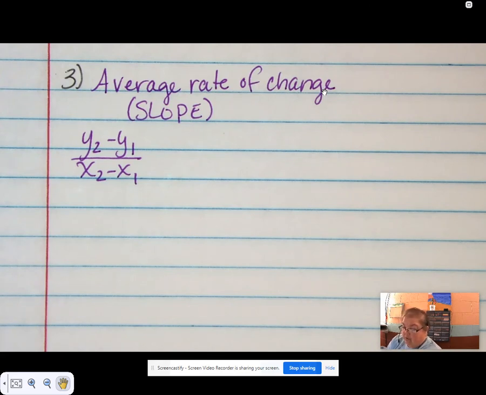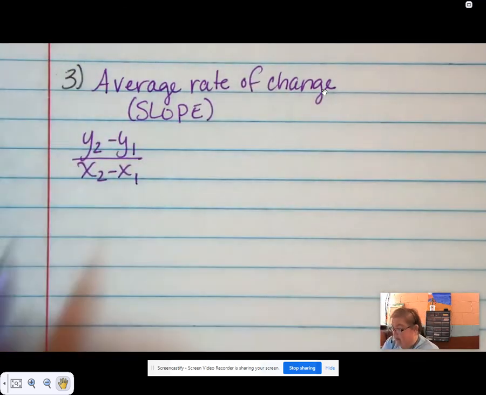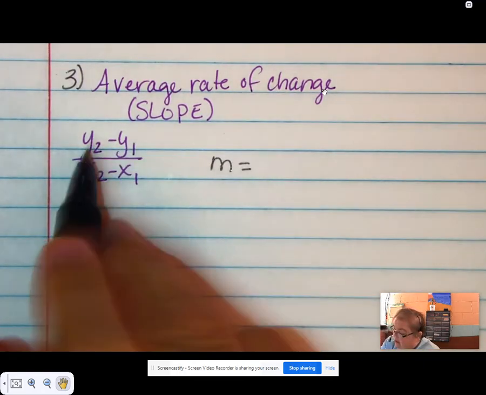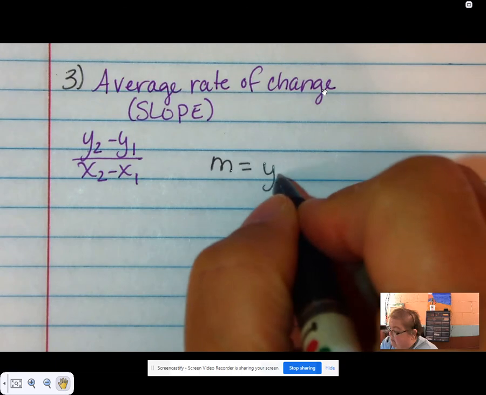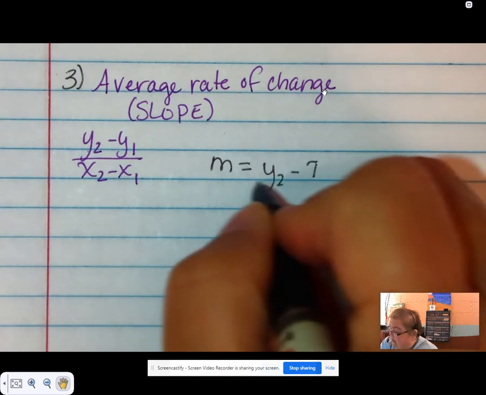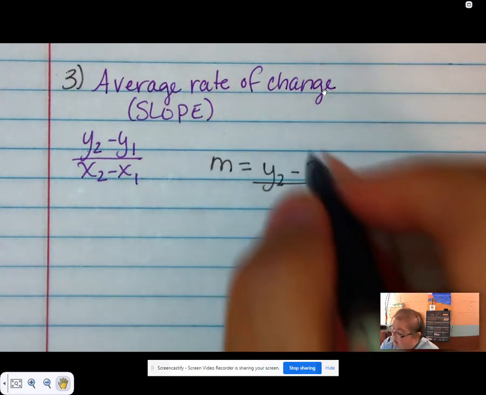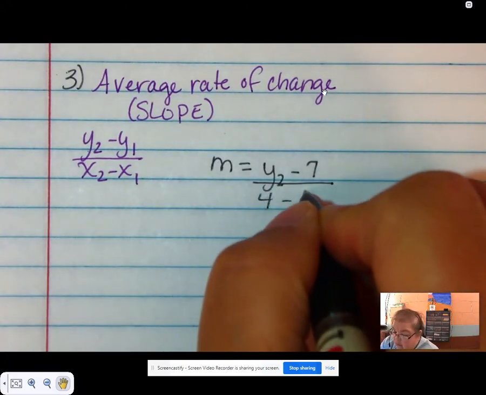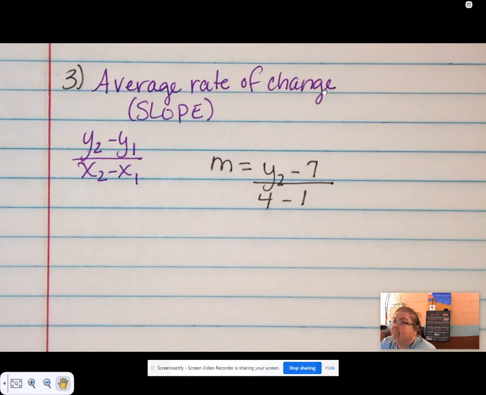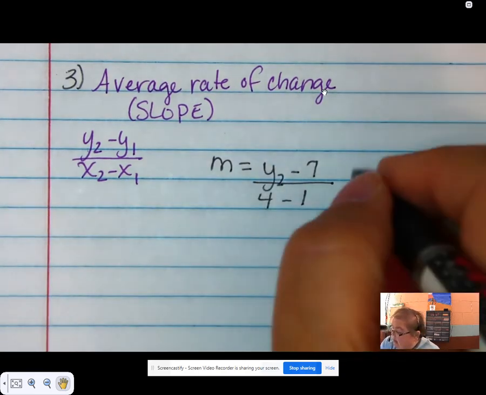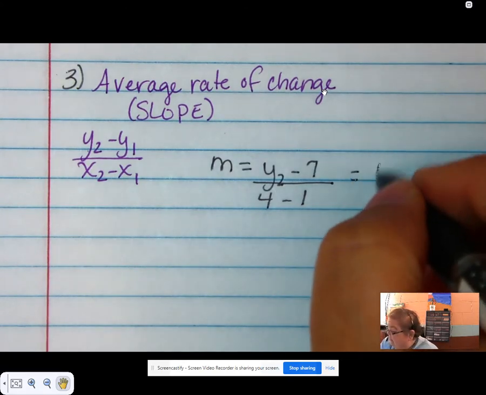The interval between 1 and 4 is 11. So, slope is y sub 2 minus 7 over 4 minus 1. Okay? Equals 11.